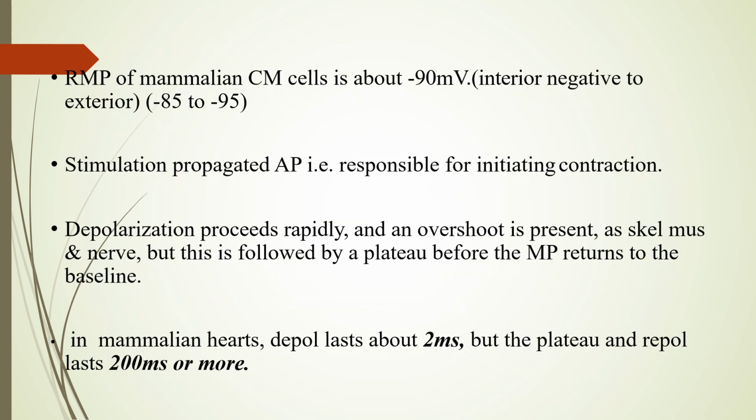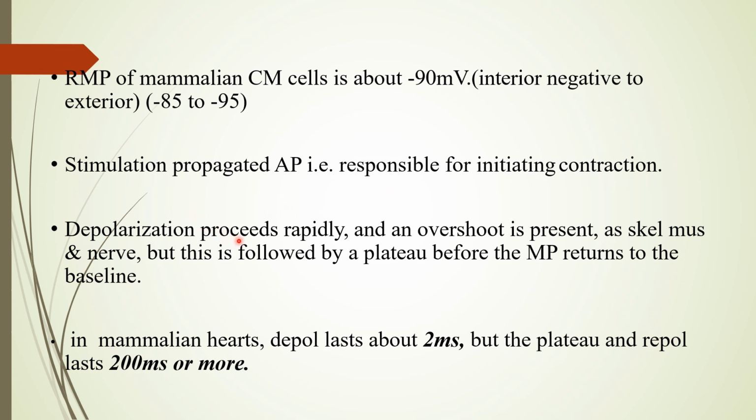The resting membrane potential of a mammalian cardiac muscle cell is about minus 90 millivolts, interior negative to exterior, and on average it is 85 to 95. When the muscle is stimulated, it will produce a propagated action potential that is responsible for initiating contraction.